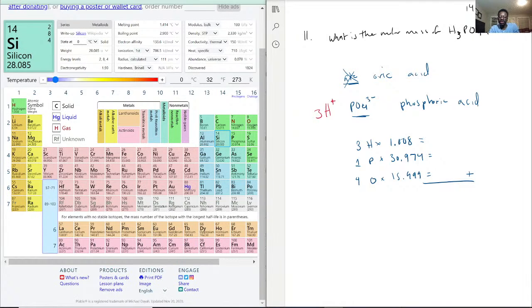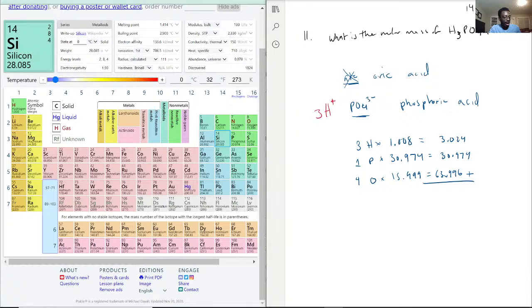Okay, so that's 1.008 times 3 is 3.024, I believe. Yep. And then we still have the 30.974, and we have 15.999 times 4, so that's 63.996.